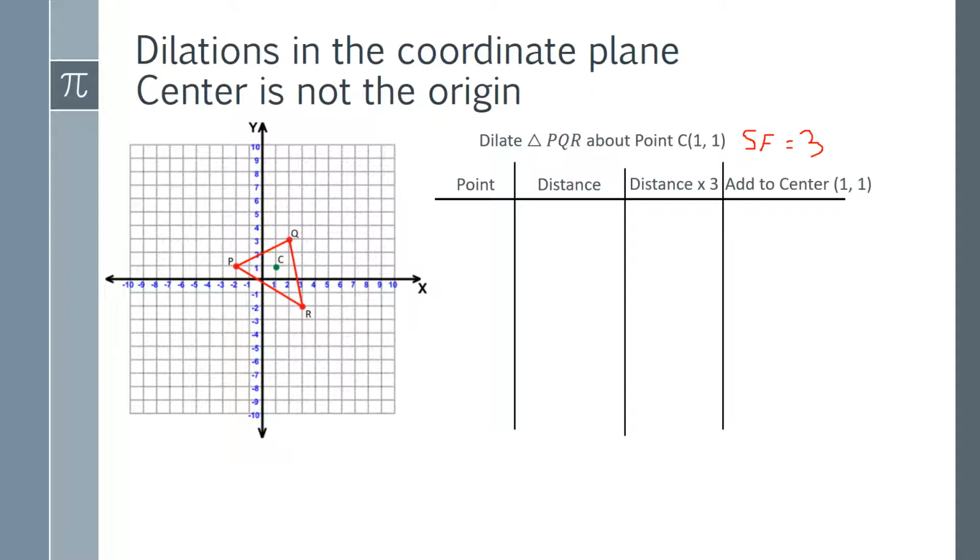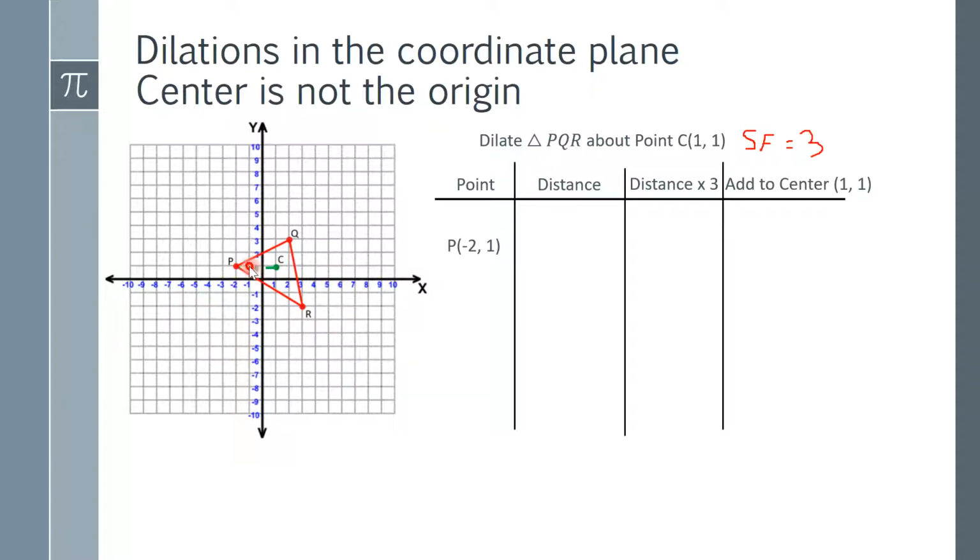And so let's start with the first point. First point is (-2, -1), let me get my laser pointer out here. (-2, -1) right there. So how far is it from the center to (-2, -1)? Well, we can just draw a little line here and we can count.